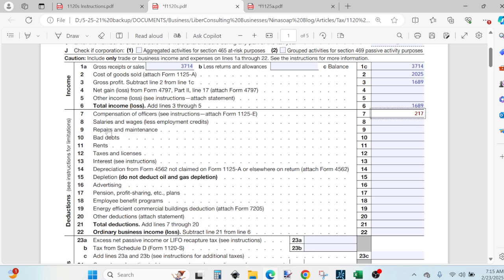So line 9, repair and maintenance. And as owners of the business, chances are you will be occupying the officer's position, like the CEO, the CFO, the COO. But if you, the partners, are not working in the business and you hire people to occupy those positions, then their salary will go on line 7.